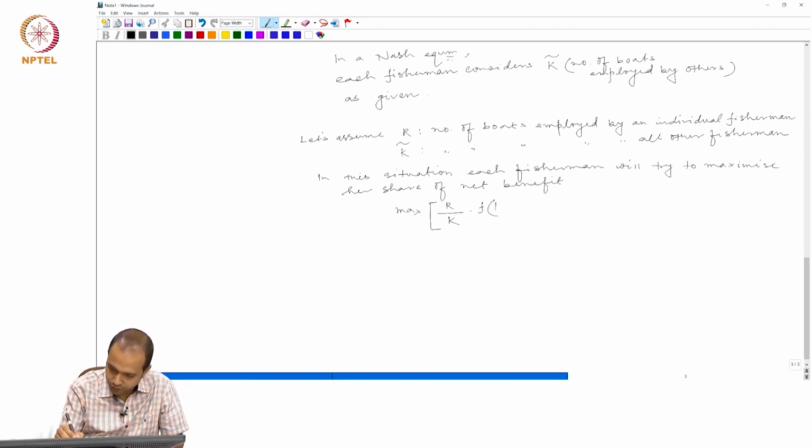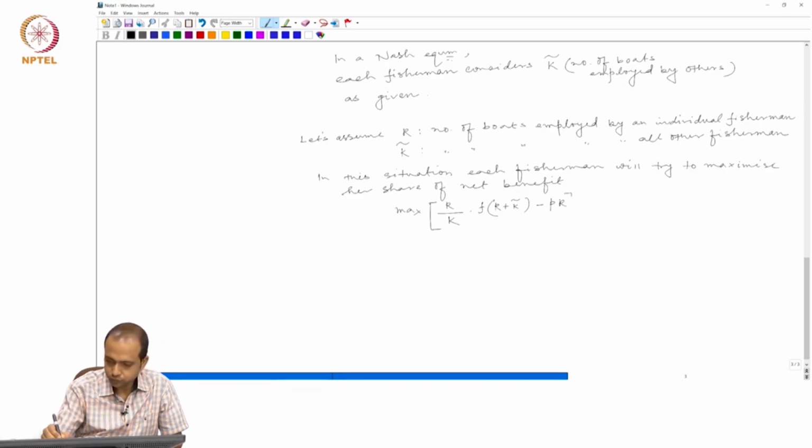What is that production function? f of K, where K is the total number of boats. So, this is the production function, and a fraction of that output is enjoyed by the single individual, given by small k divided by capital K, minus the price of the boat.